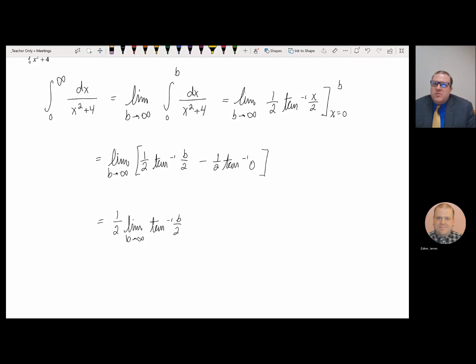Do a change of variable. Say theta is b over 2. What does theta do then as b approaches infinity?